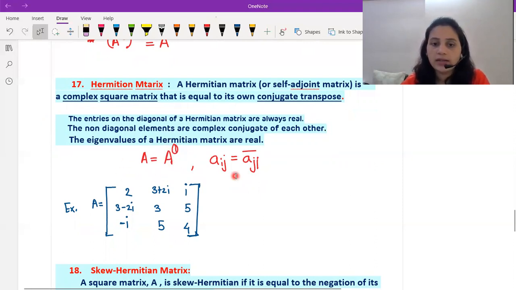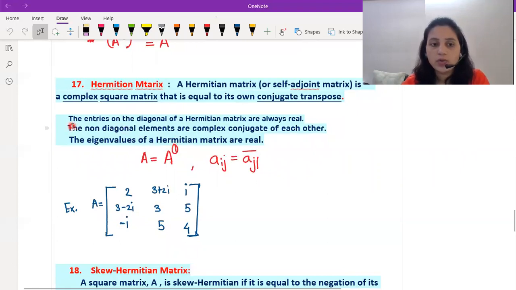In element-wise form, you can write Aij is equal to Aji bar, meaning the given matrix is equal to its transpose conjugate matrix. Okay, A is equal to A raised to theta.